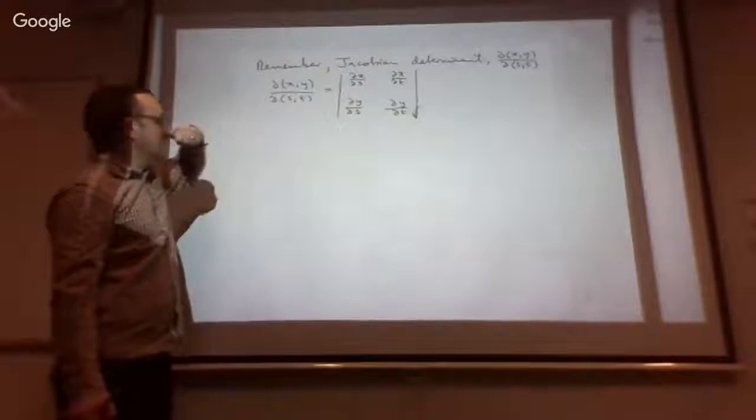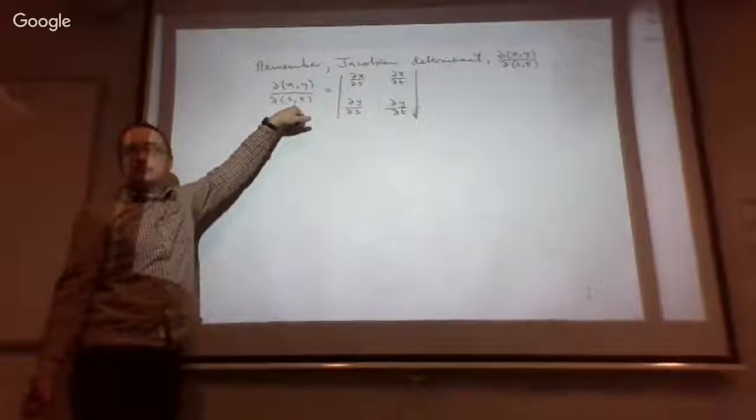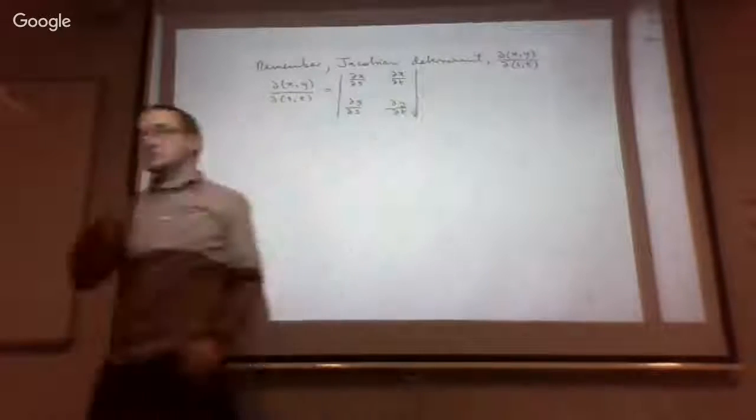You got an x row and a y row. And the new variables, the ones on the bottom, the s and t, they index the columns.